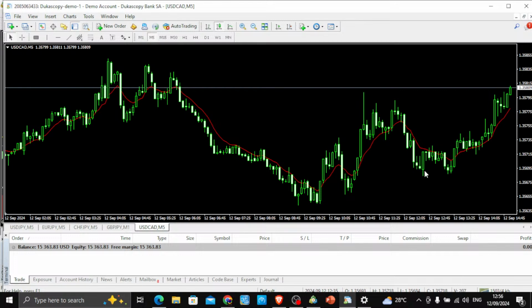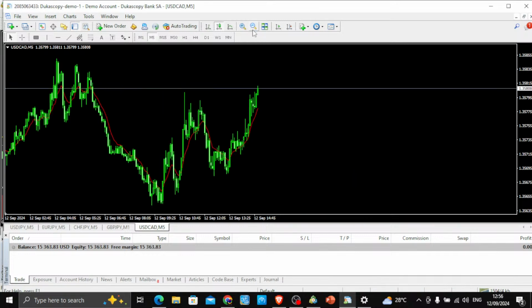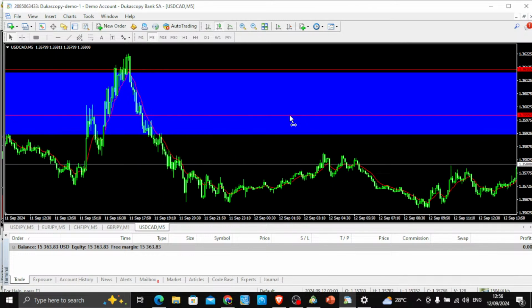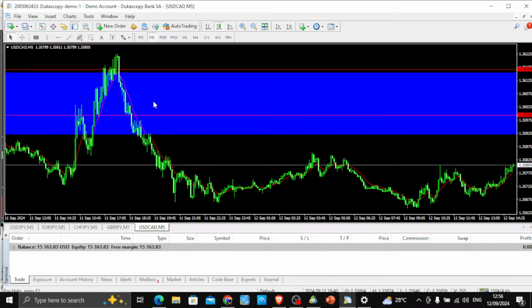This is a higher high, it came down, it is testing all these areas. So based on what we are seeing, it's still bearish until this area is taken out from this area. Then we can now enter on a pullback.